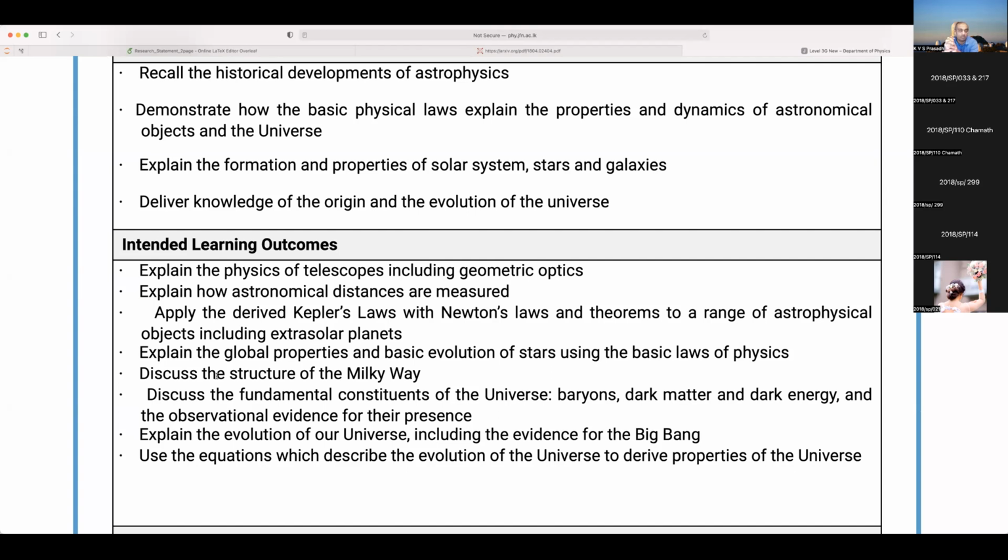But in astronomy, we don't use kilometers and miles because the distances are so huge, and if you use kilometers and miles, you will get huge numbers. Because of that, the set of units that we are going to use in astronomy is completely different from what you will be using in your day-to-day life. This is why we will be learning about how to measure the distances and what kind of units we will be using for that.